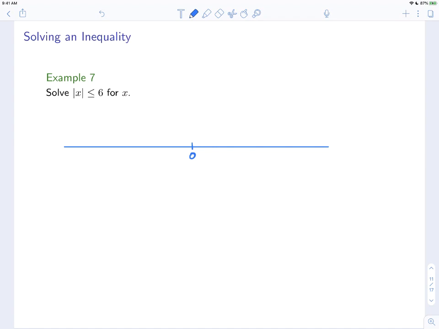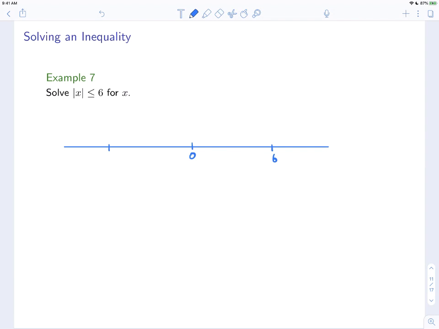So we want to look for all numbers x such that the distance away from 0 is 6 or less. Well, if we're moving to the right of 0, then we can go all the way out to 6, like so. Any number between 0 and 6 will have distance less than 6. Similarly, on the left, you can go out to -6.